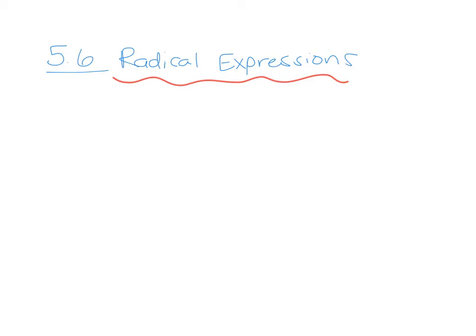So you could see something like the square root of 20x to the 5th, let's say. And if there's no index visible, then there implies a 2. So when I'm simplifying this, I want to see how many pairs of the same number I can bring to the outside of the square root.